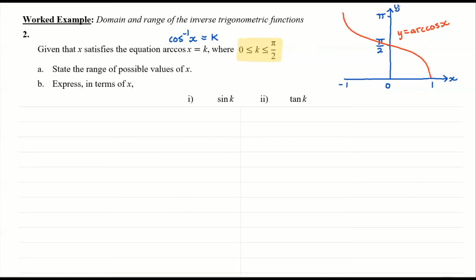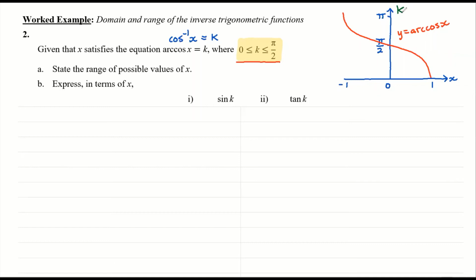Now, just so we're clear, in this question, we're told that arccos x is equal to k. Now, k can only take values between 0 and pi over 2. What might be clearer is if I go over to this y-axis, this is clearly going to be the k-axis, isn't it? So I'm going to relabel that as the k-axis, because it's the output that I get when I do the arccos of some input x.